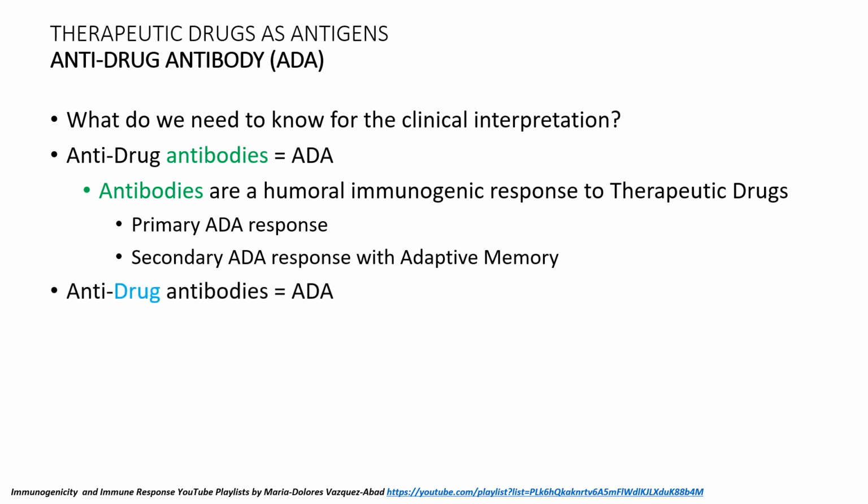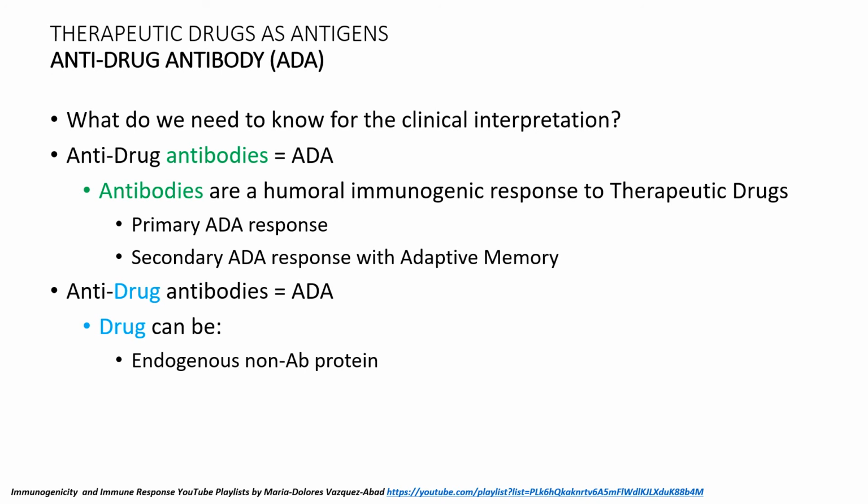The other thing that we need to remember is that anti-drug antibodies are antibodies to a drug, and this drug can be an endogenous non-antibody protein. And in this case, we need to be careful.